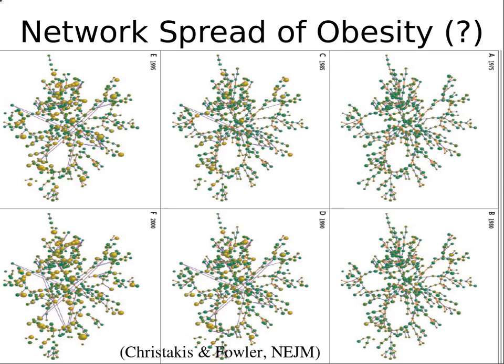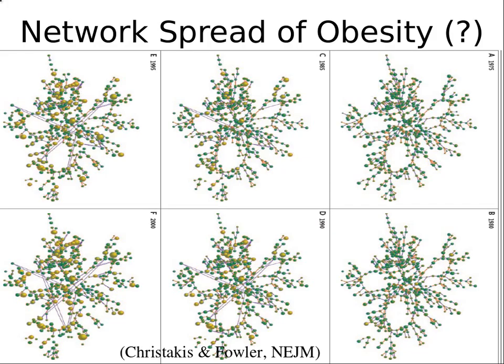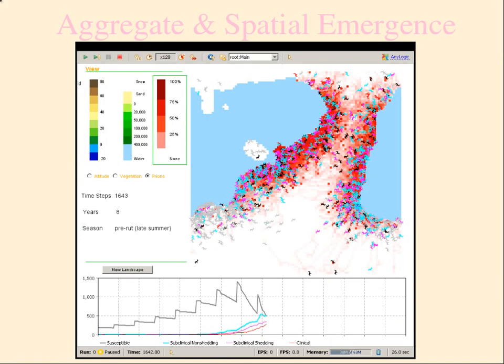So, it's long been recognized that even in the chronic disease context, networks play an important role in spreading infection, and work that's done in this area increasingly accounts for these network contexts through the use of agent-based models.